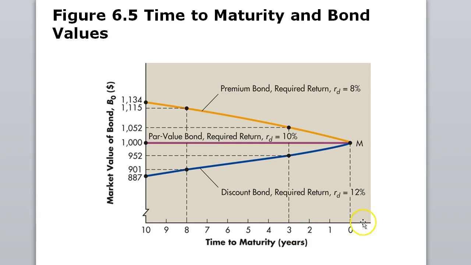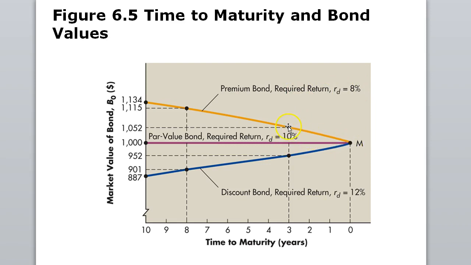We can see that here. Here's the time to maturity, maturing in 1 year versus maturing in 10 years, and here is the market value of the bond. Interest rates move from 12%, to 10%, and then here we have 8%. At zero maturity, they're all equal.